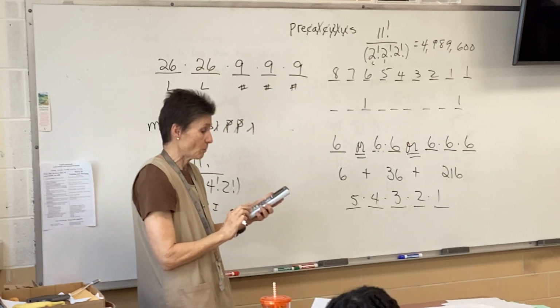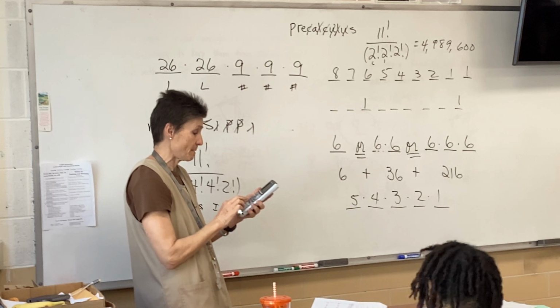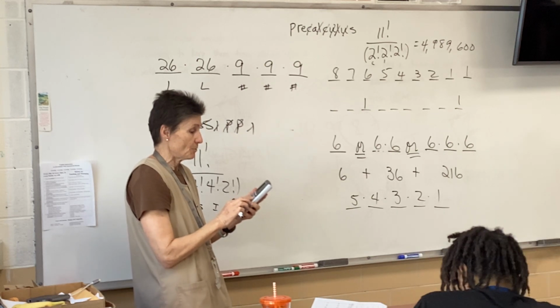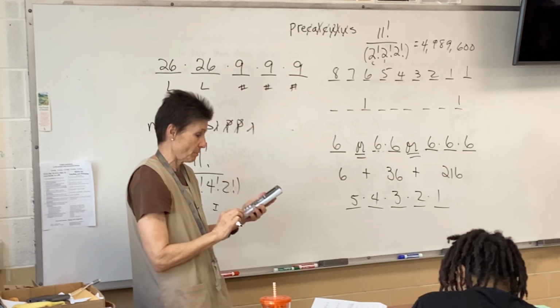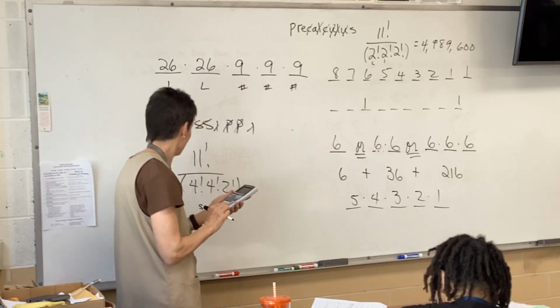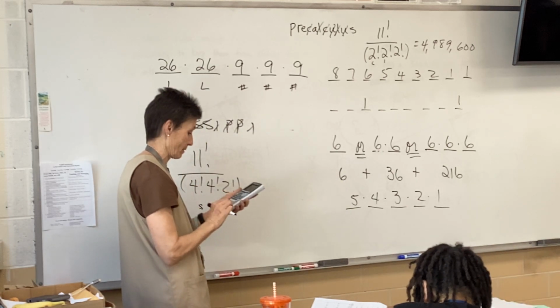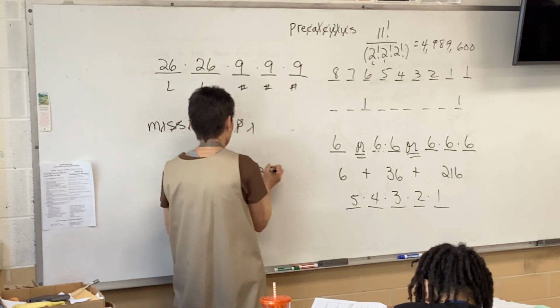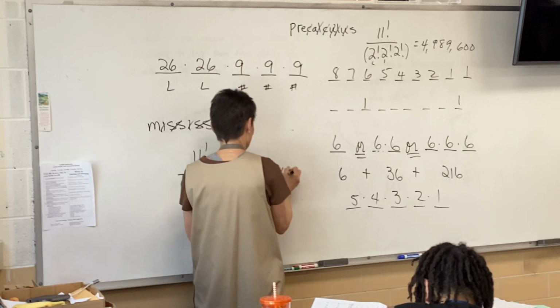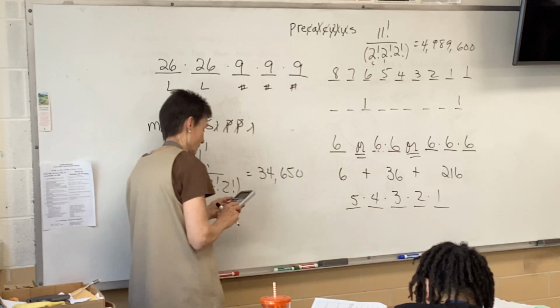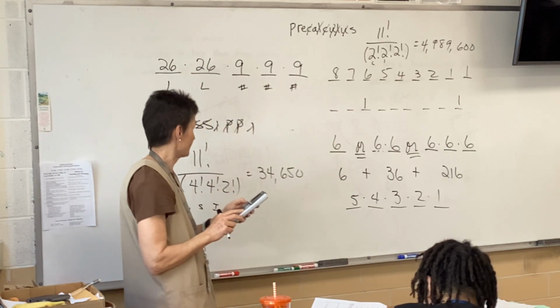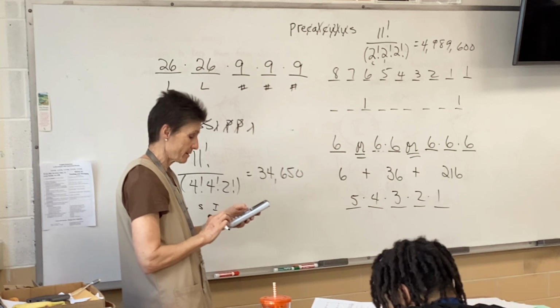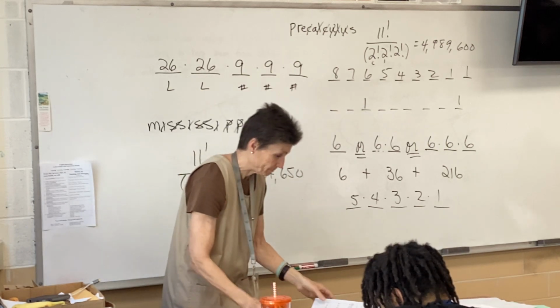Anytime you divide by more than one thing, please make sure that you have it in parentheses. I got a lot smaller than 34,650. Double check that for me, I think I did it right.